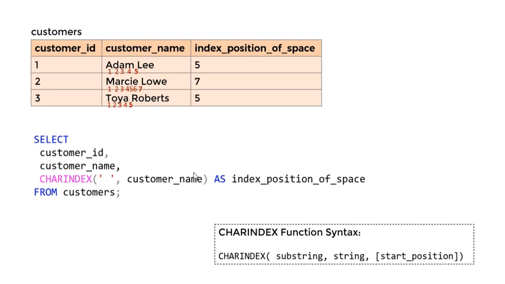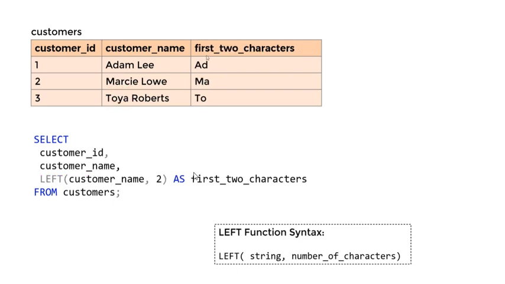Now we can combine the CHARINDEX function with another function called LEFT. Before we combine the functions, let's look at the LEFT function separately. We have an expression called first two characters, and we use the LEFT function to extract the requested number of characters from the left-hand side of the character string.